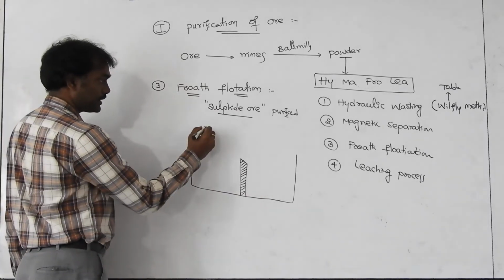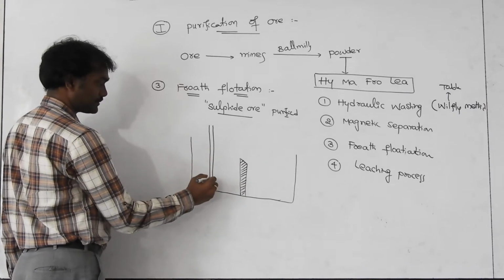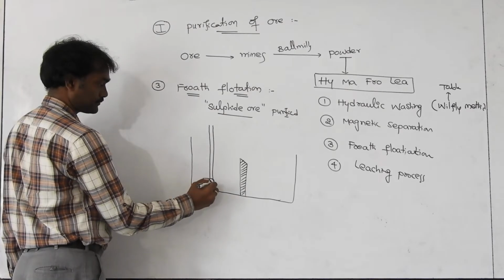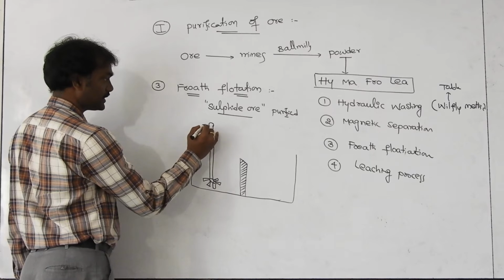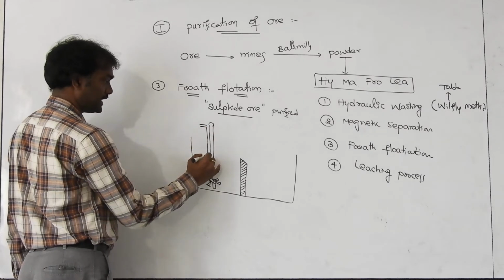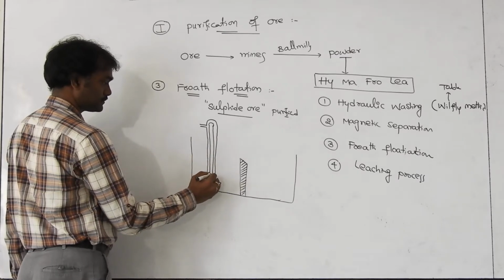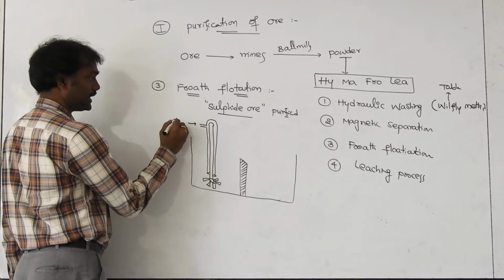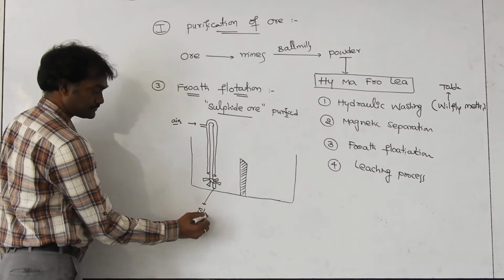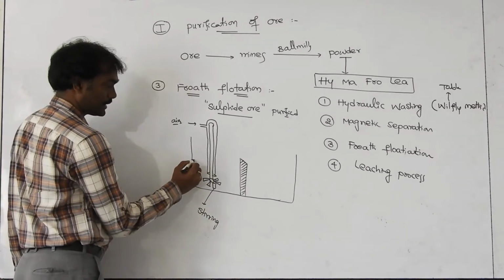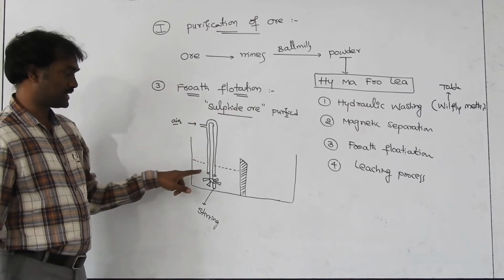In this there is a stirrer, and the outside is surrounded with air sending, so there is continuous stirring. The sulfide ore is taken into this chamber.